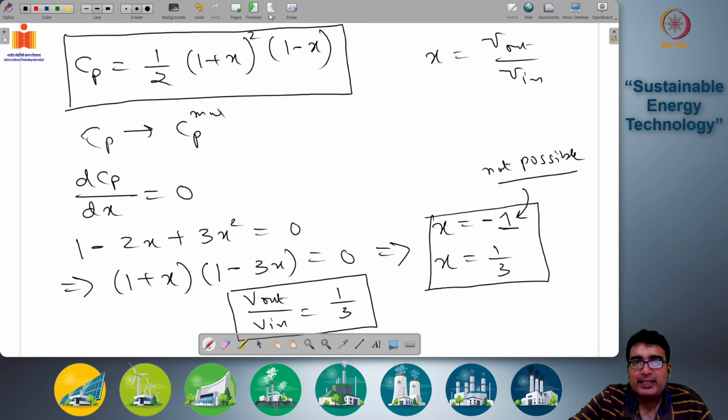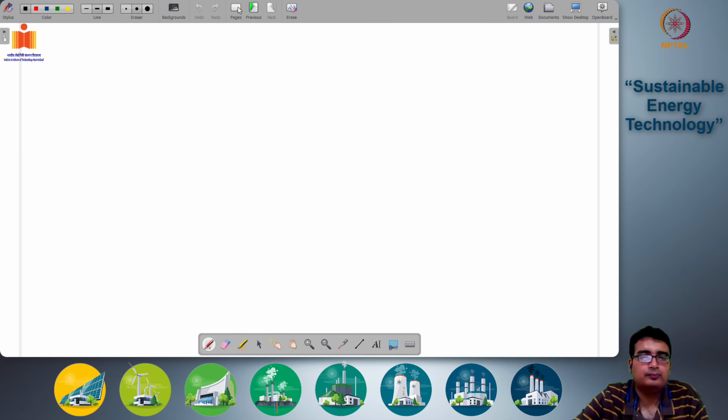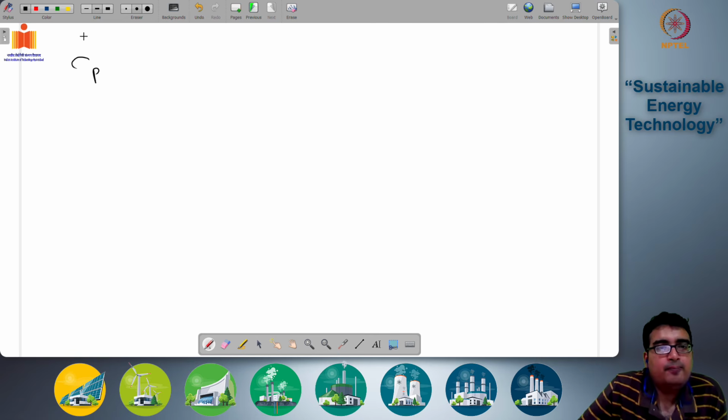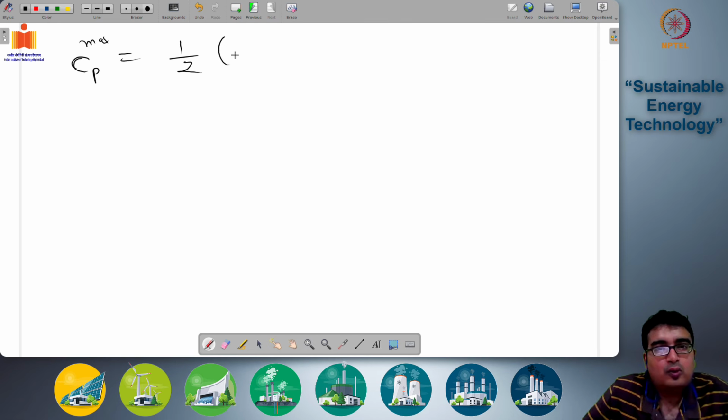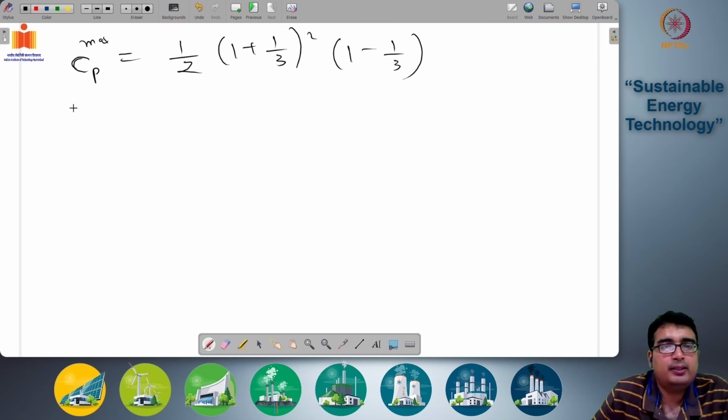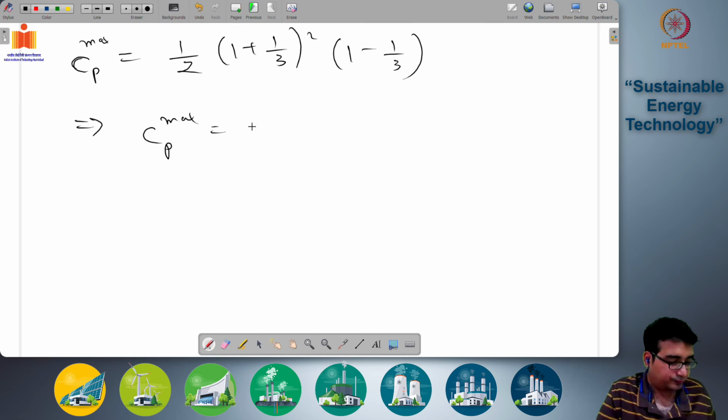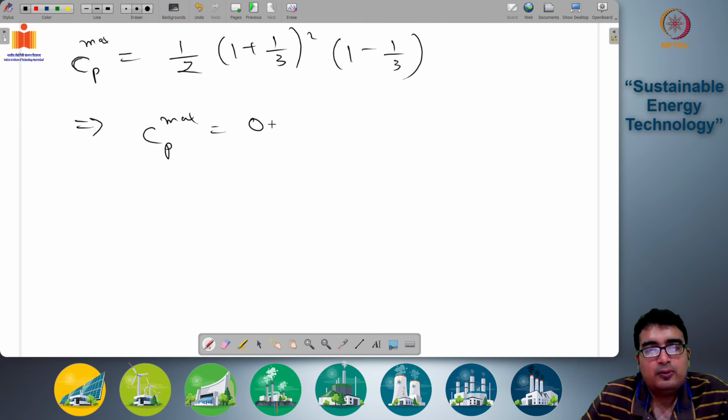So if you put x equals 1/3 in this expression, then Cp max is equal to half of (1 plus 1/3) whole square and (1 minus 1/3), which implies Cp max equals 0.593.